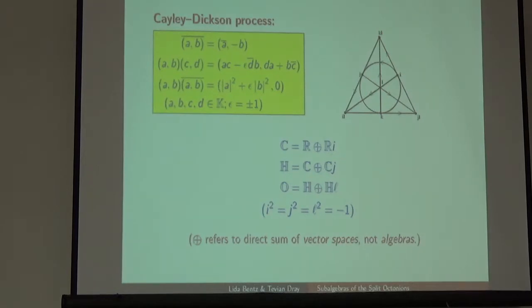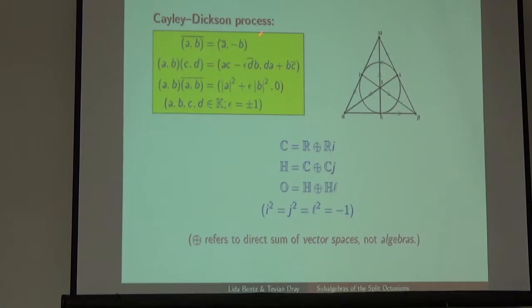The Cayley-Dickson process says if I start with an algebra, with A and B elements of some algebra, I can take pairs of elements in the algebra and turn the square of the algebra into an algebra of its own. But I have to tell you how to conjugate, multiply, and take the norm of elements of the new algebra, which you can think of as k plus k, ordered pairs of elements in the algebra.